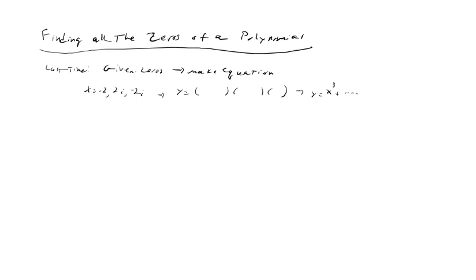What we're going to do this time is backwards. Given the equation, I want you to find the zeros.